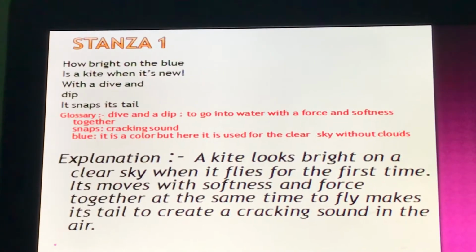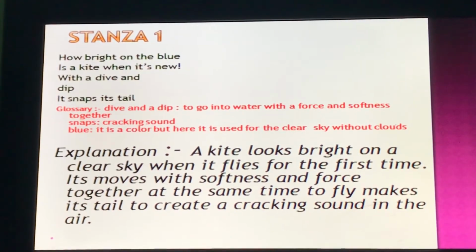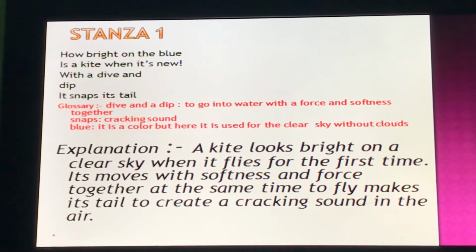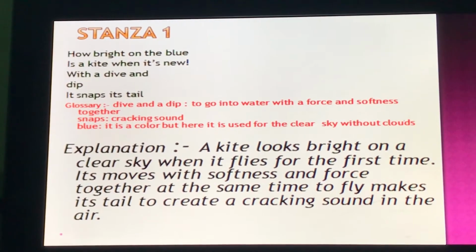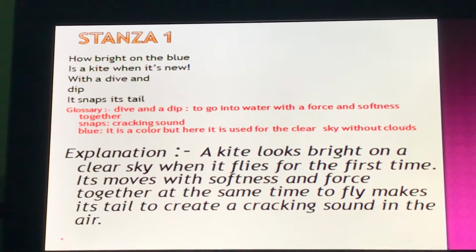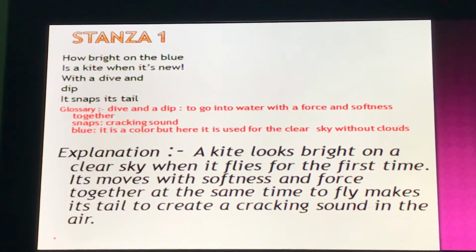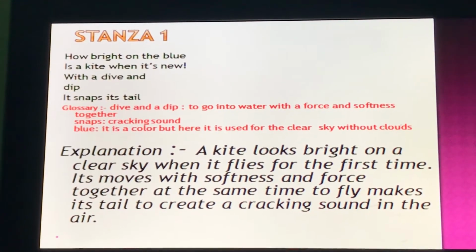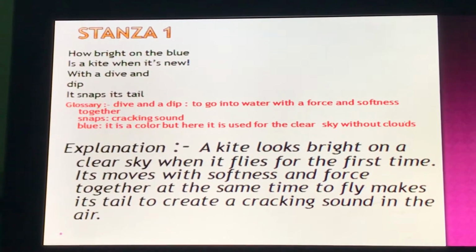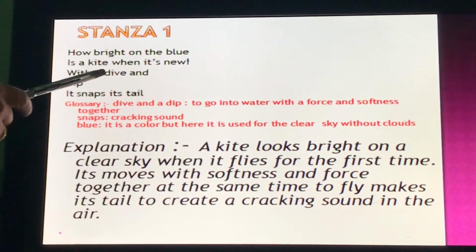In this paragraph, the poet is explaining that a kite looks very bright on a clear sky when it flies for the first time. That means when it is new. It moves with softness and force together at the same time, dive and dip.